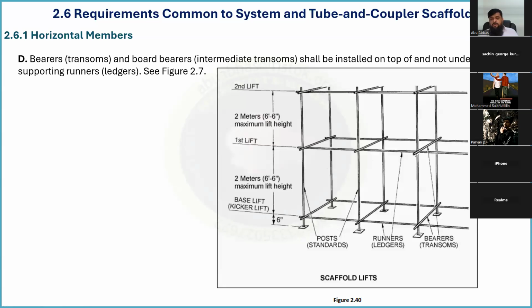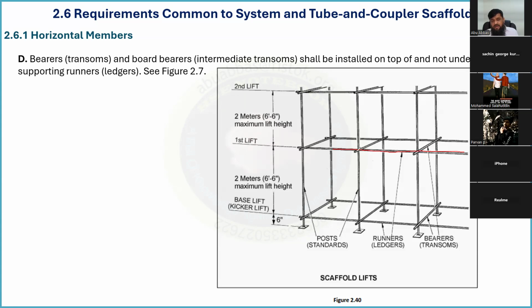This is one more identity also. We've talked about this a little bit before. How will we know the longitudinal side? On the longitudinal side we have the runner. For example, in our bird cage scaffold, there are three elements transverse to the longitudinal.